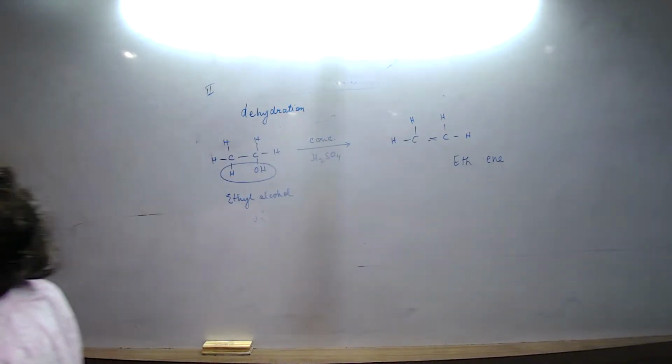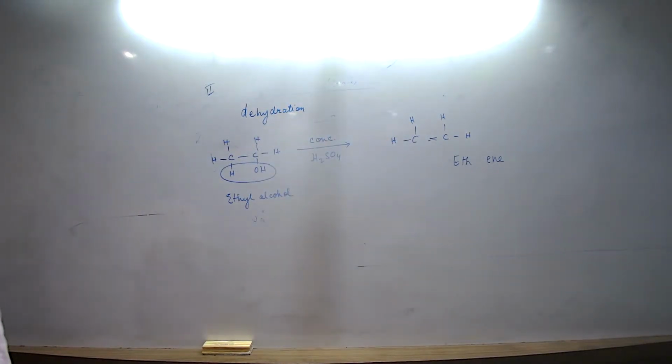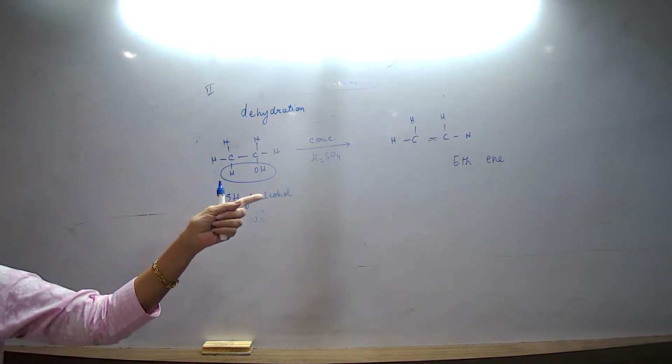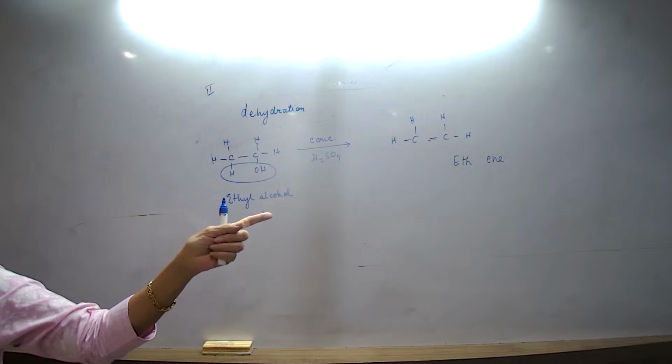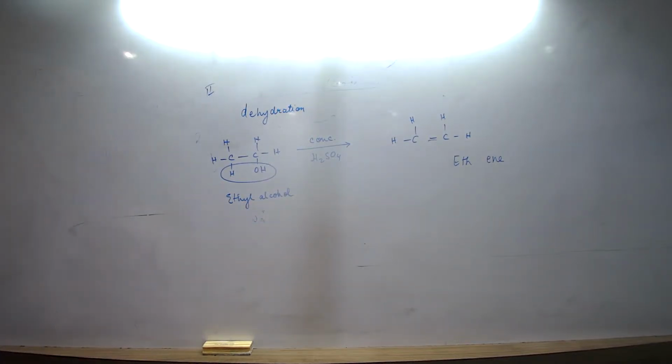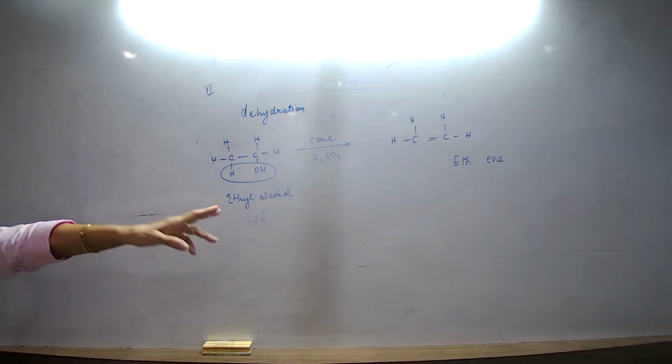Take down one point here. Look at your textbook, second one. Reaction to give unsaturated hydrocarbons. So when are we using this type of a reaction? When we want unsaturated hydrocarbons. So the textbook or the question papers will not give you a direct question.